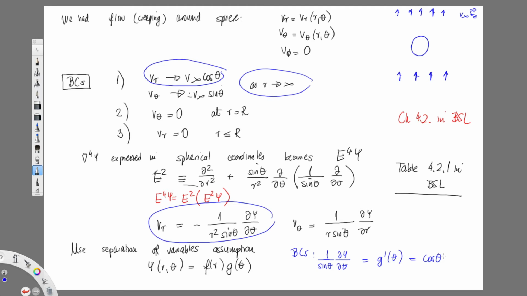Also, when I look at v theta, my function of theta is right there. So basically, 1 over sine theta g of theta is sine theta.